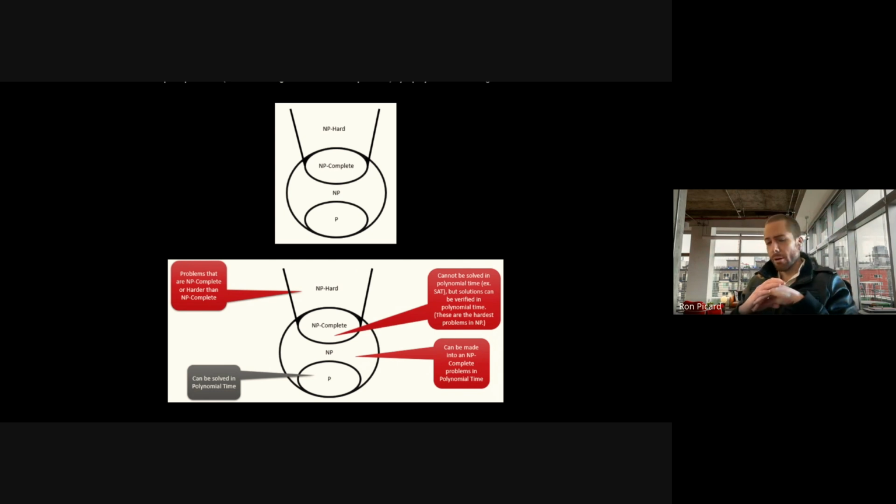I will say that most people don't think P equals NP at this point, but no one's been able to prove it mathematically. And it's probably the hardest problem mathematically to prove or disprove one way or another. And I can tell you all kinds of fancy methodologies that get into Gödel's completeness theorems and items like that of why or why not we might be able to solve it, but no one really knows the answer.